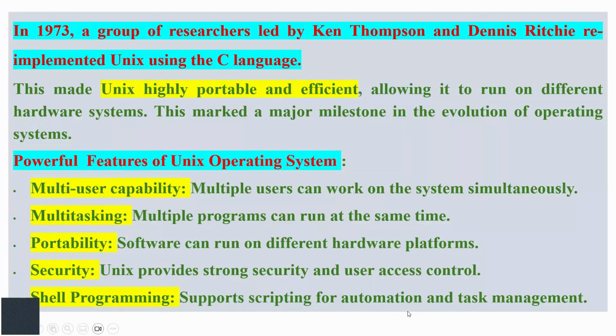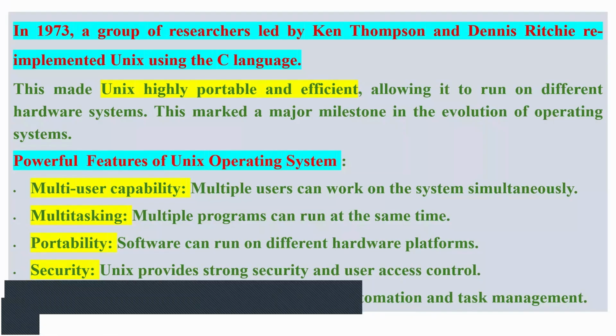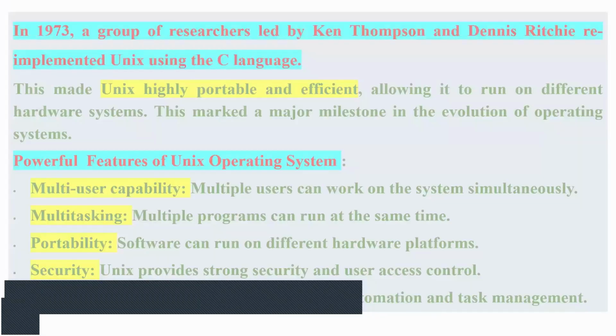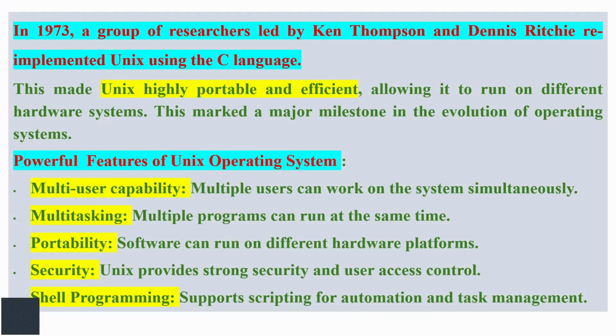Today, Unix has influenced many modern operating systems like Linux and the Mac operating system, and its concepts continue to shape the computing world. Talking about the powerful features of the Unix operating system: multi-user capability, where multiple users can work on the system simultaneously.